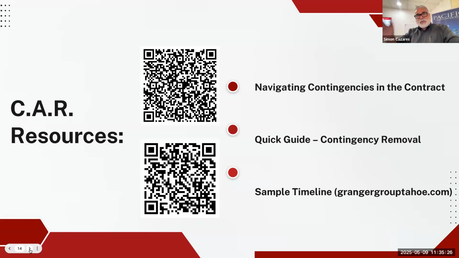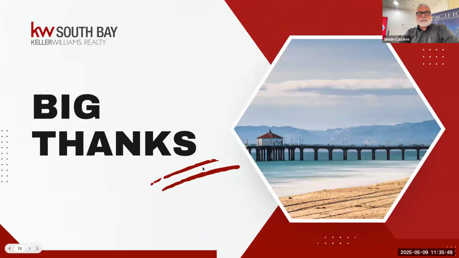So these are some CAR resources: Navigate Contingencies in the Contract, Quick Guide to Contingency Removals, and then Sample Timelines. Take both. Both are different, and it gives you an additional layer of training, so that way you're more on top of these conditions and timelines. All right, and that pretty much concludes.